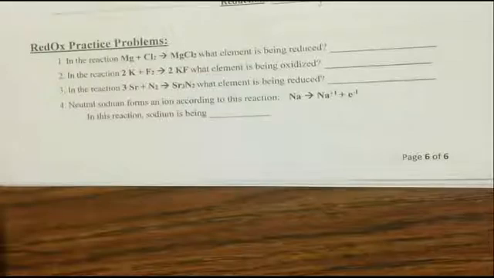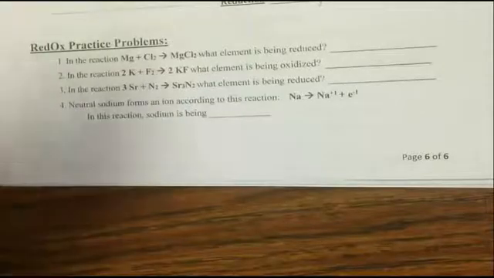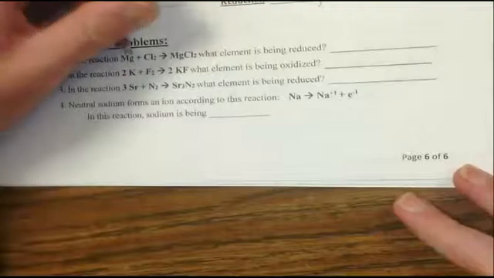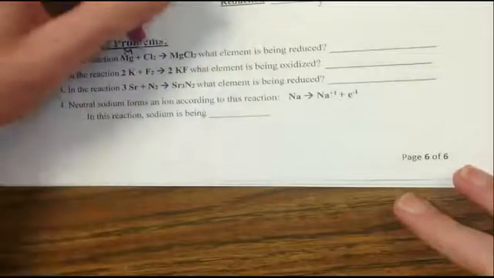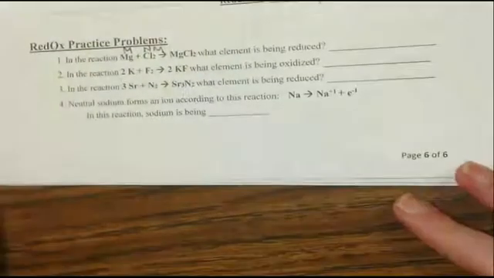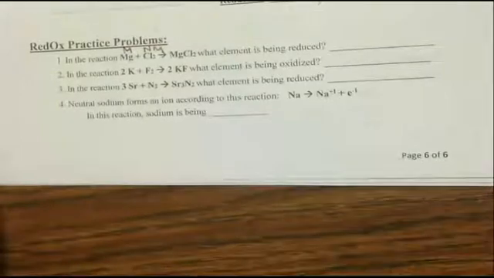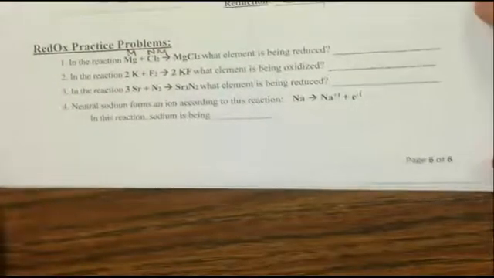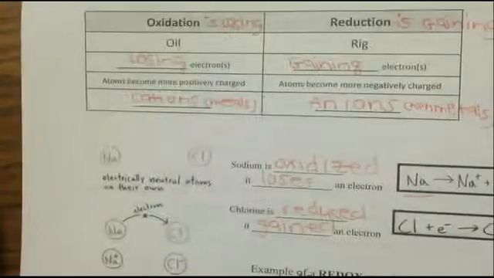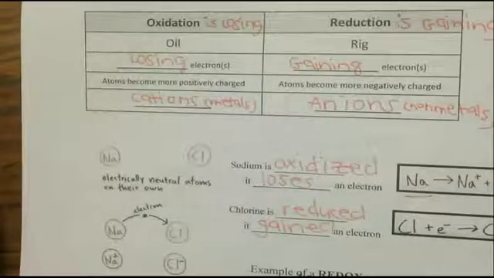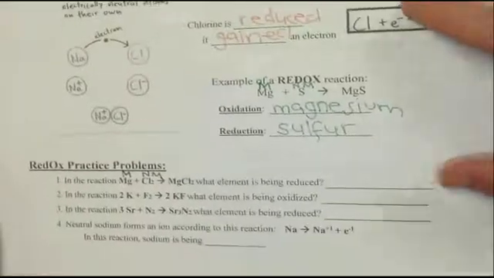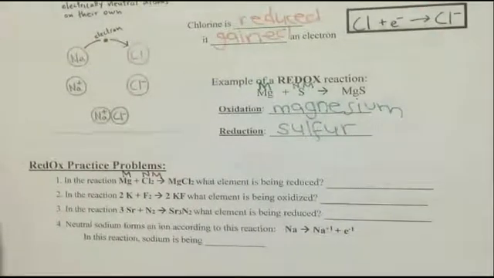If you can just identify which one's the metal, the magnesium, and which one is the nonmetal, the chlorine, then it should be pretty simple to figure out which one's being oxidized and which one's being reduced. Just like we were looking at before, up to your OIL RIG, cations or metals usually are oxidized. So the magnesium is oxidized and the chlorine is reduced.